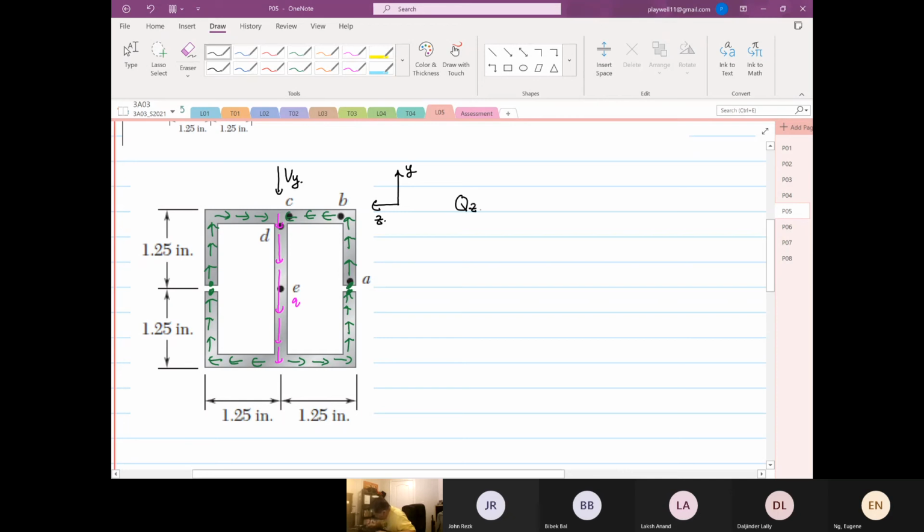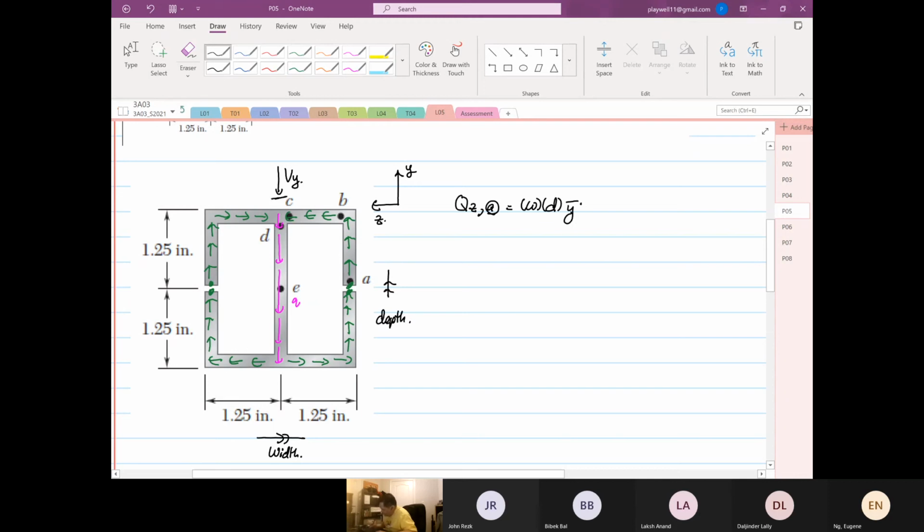Okay, so we are going to find Q about the Z-axis, right, at point A, and it's equal to the width, depth, Y bar. Okay, so this is our width, right, and this will be our depth.